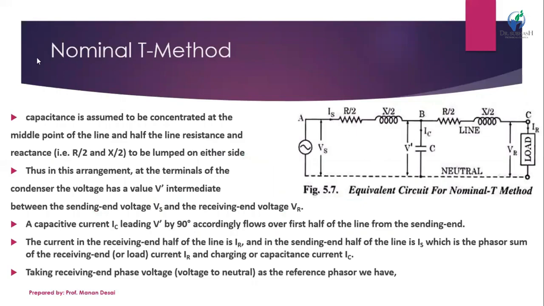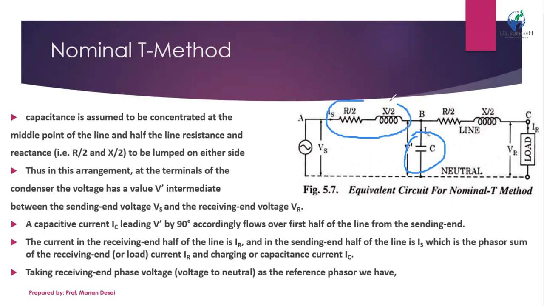Now, the nominal T method. So what is the nominal T method? The circuit is shown as a letter T, so the name is T circuit. The capacitance is assumed to be concentrated at the middle point of the line, with half the line resistance and reactance on each side.